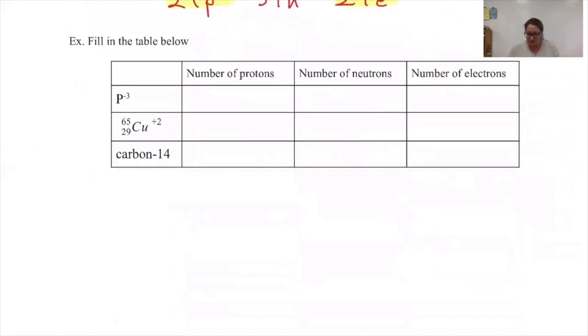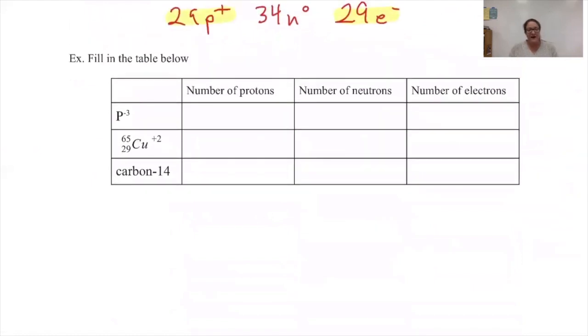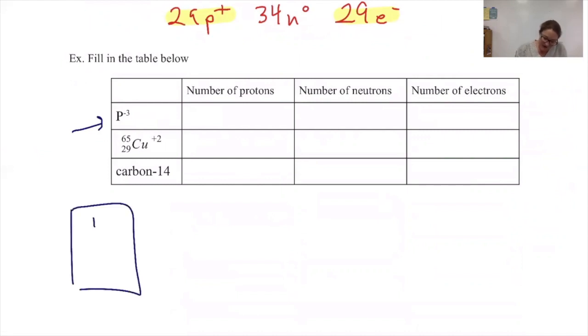Okay, a simple type of problem I might ask of you is to find the number of protons, neutrons, and electrons in a given compound. So let's start here with phosphorus. On your periodic table, the molecular weight of phosphorus rounds to about 31. The number of protons is the atomic number. The mass is the protons plus the neutrons, so 31 minus 15 tells me that this has 16 neutrons.